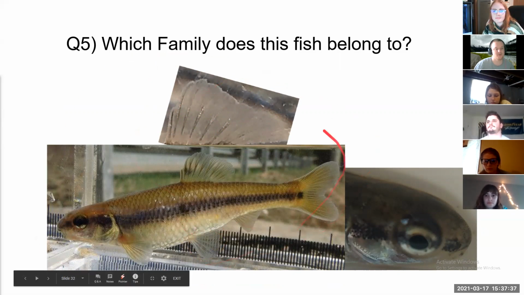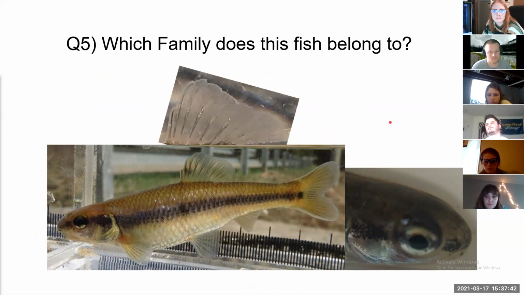And again, this is a species you haven't seen, but you have seen the family. Now I'll give you a hint. If you chose correctly on the last one, then it's the other one because it's only 50-50.